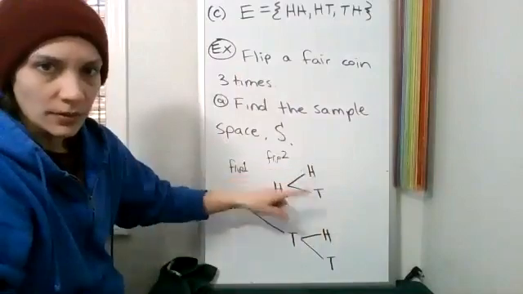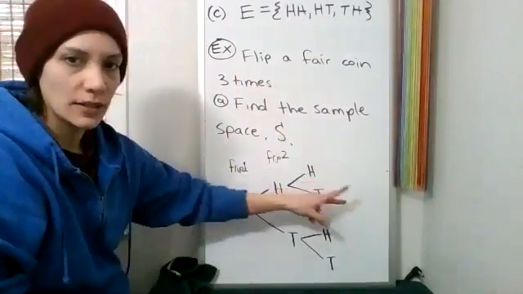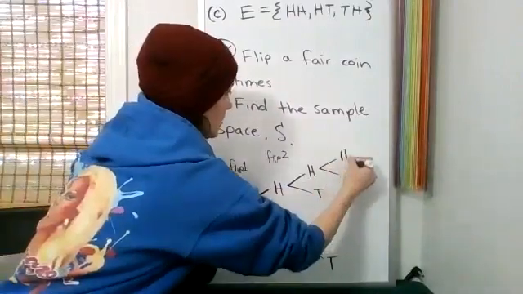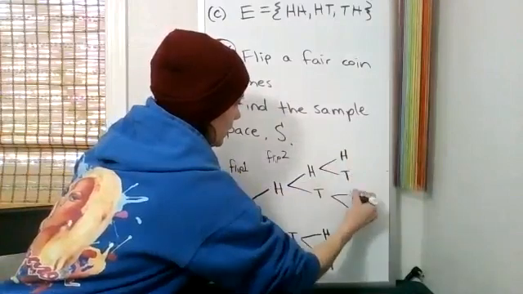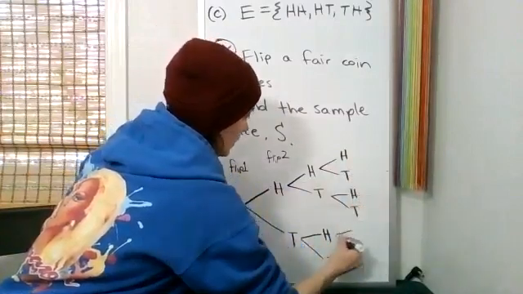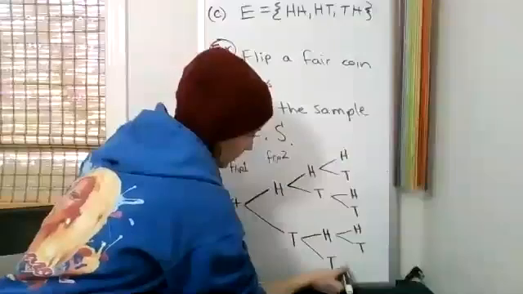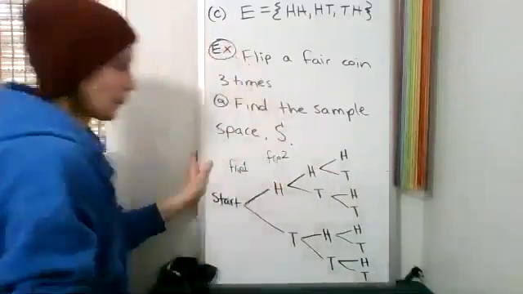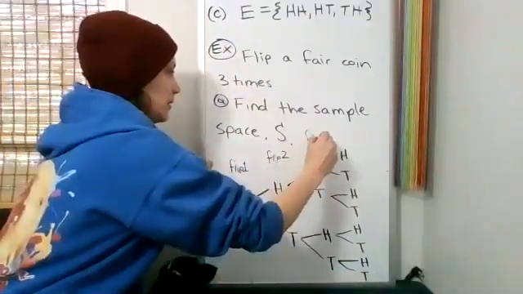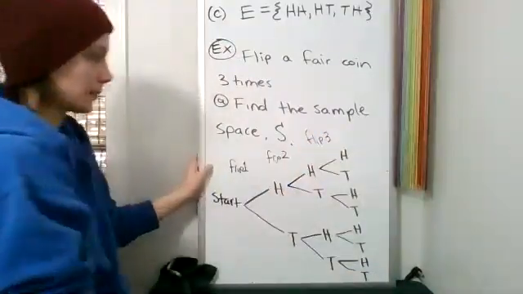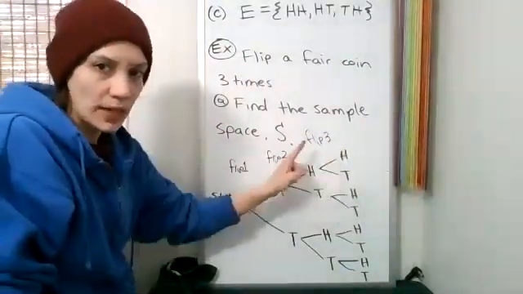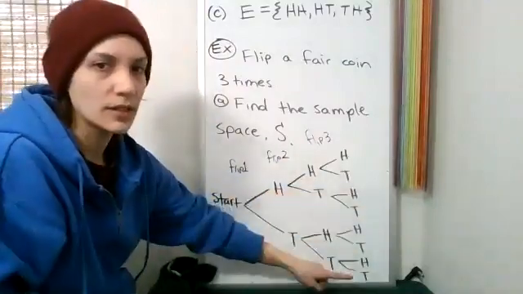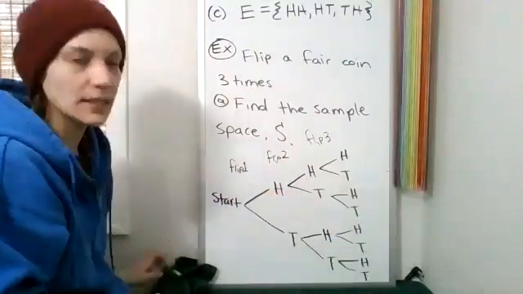From all of those ends, heads or tails, same. Branch out, H, T, again. Last time. So we have to work through each branch and get to the end. We're going to have 8 total outcomes in the sample space.